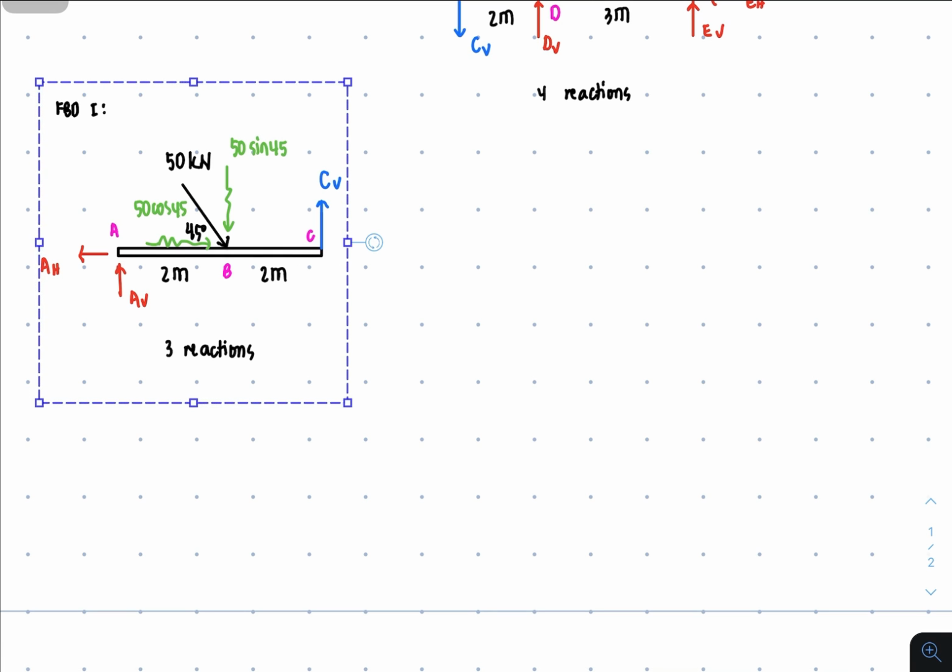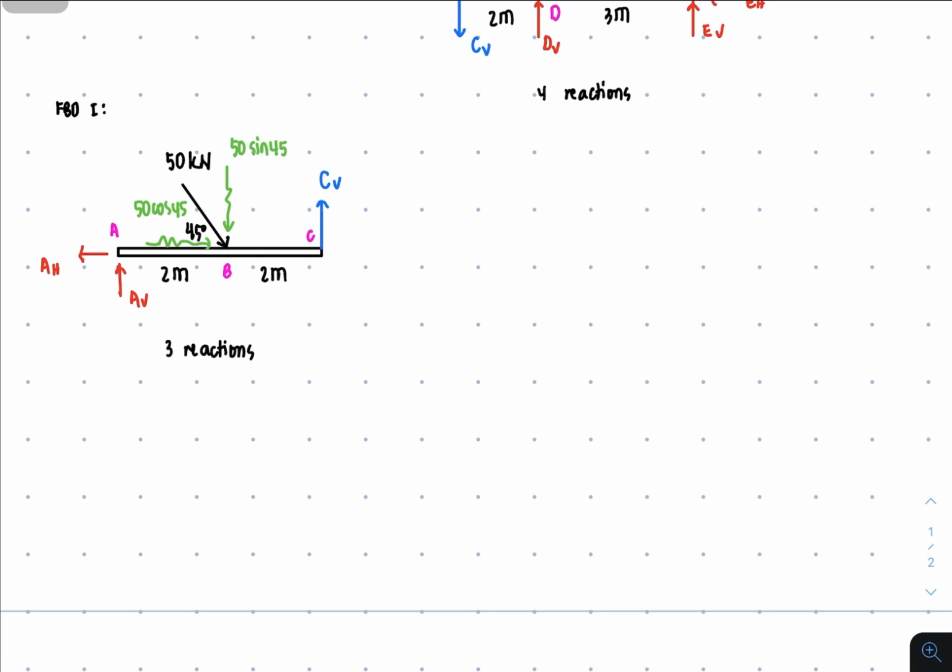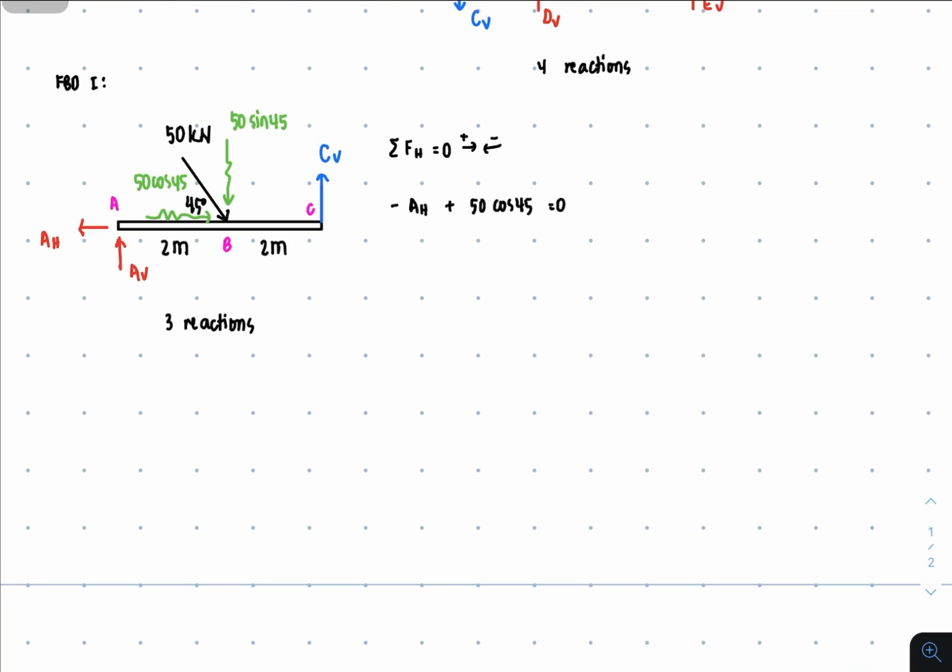Then let's have summation of forces horizontal equal to 0, to the right positive and to the left negative. So what are the forces horizontal? You have AH to the left, so that's negative AH, and then this one, cosine is to the right, so that's positive 50 cosine of 45, and that's equal to 0. Okay, so with this we'd be able to get our AH.